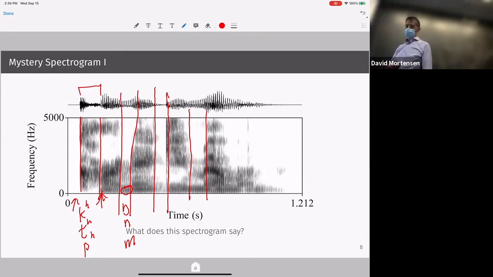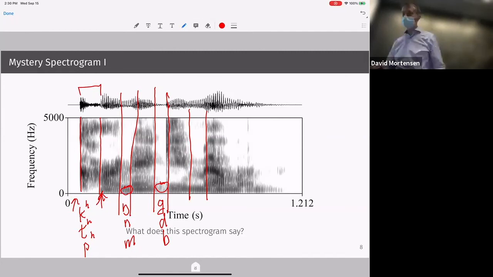It's voiced. You can see the voicing bar here. You can see F0 there. So this is going to be G, D, or B. Anybody else think they recognize it?